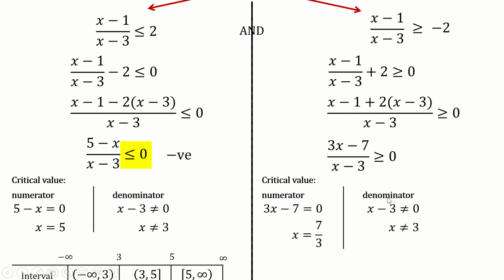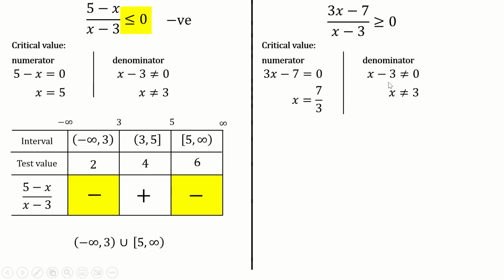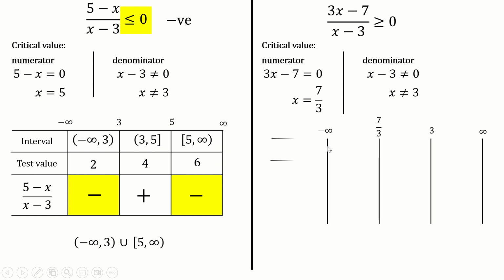And then we create the table. We rearrange in ascending order. The smallest value is 7 over 3, which is around 2.3, and then 3. At the far right we put infinity, and at the left side we put negative infinity.